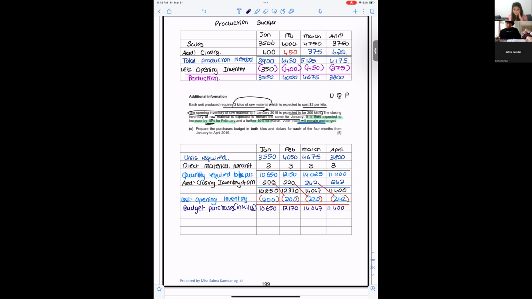Now you got the quantity that you required to be purchased. You wrote budgeted purchases wrong for March and April. You didn't minus them. You got 14,047.